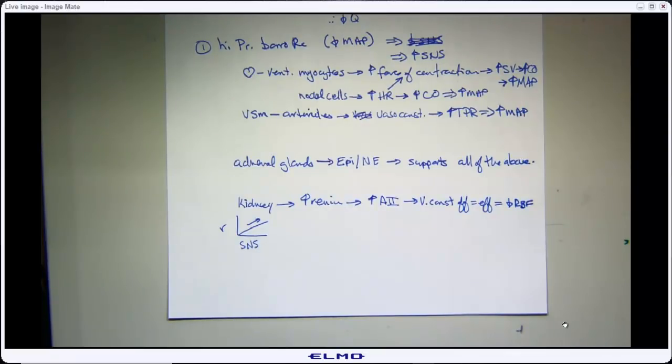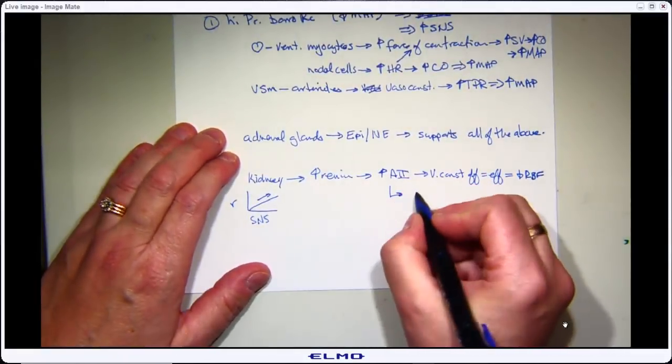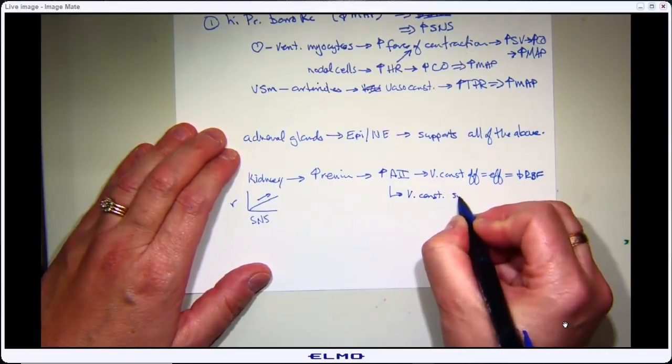Any other effect of angiotensin 2? For this, we'll have to dip back quite a bit. Angiotensin 2, we talked about being a systemic vasoconstrictor, okay? So angiotensin 2 is a vasoconstrictor systemically.